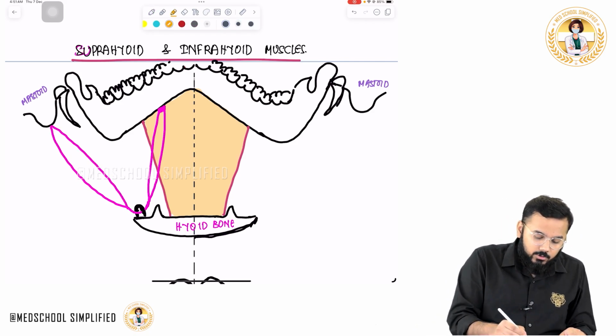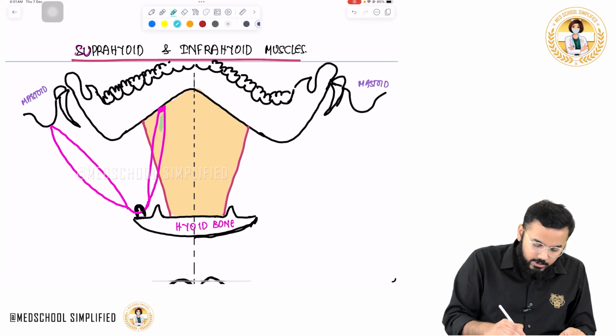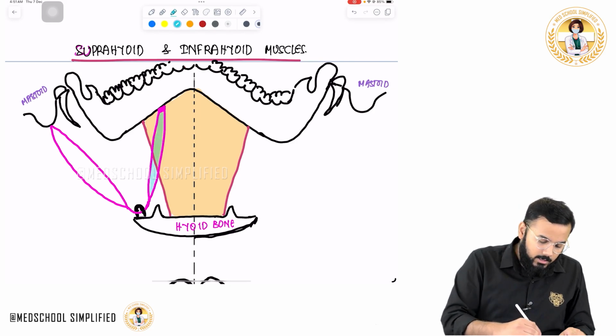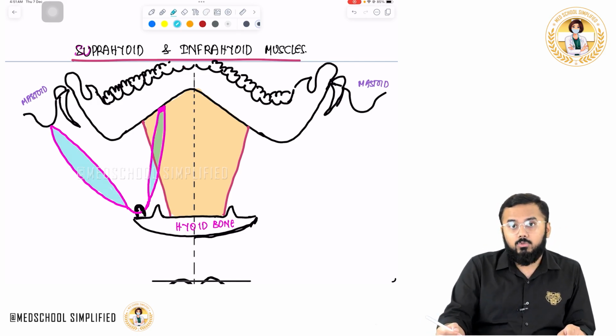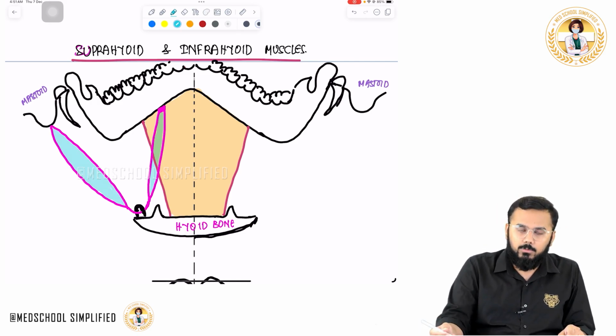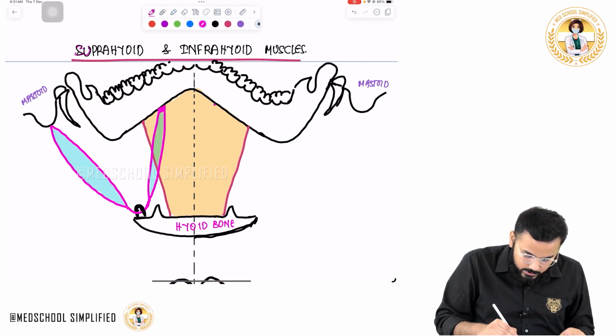You see, right? So this particular muscle which I am drawing right now is called your digastric muscle. How many digastric muscles do we have? We have only one digastric muscle, but how many bellies? We have two bellies of the digastric. One is called an anterior belly, another one is called a posterior belly. Let me draw the same digastric muscle on the opposite side as well.